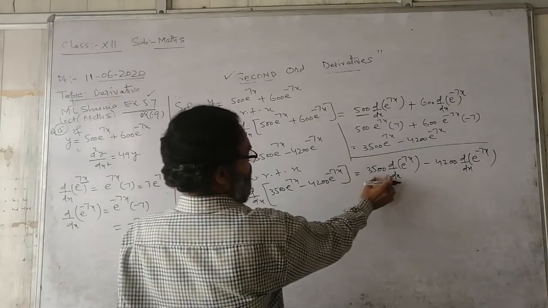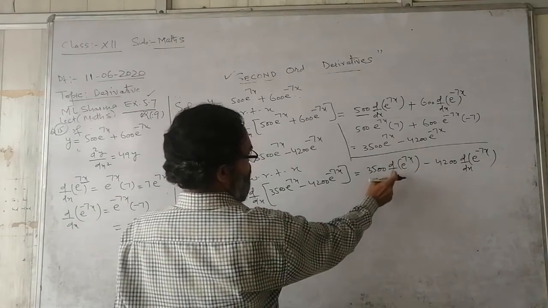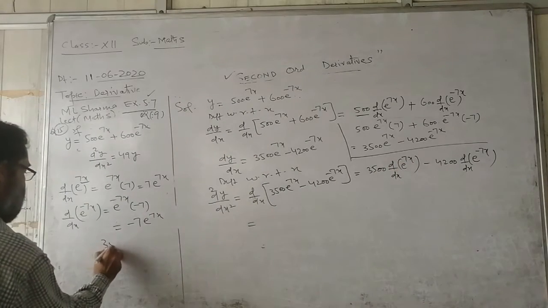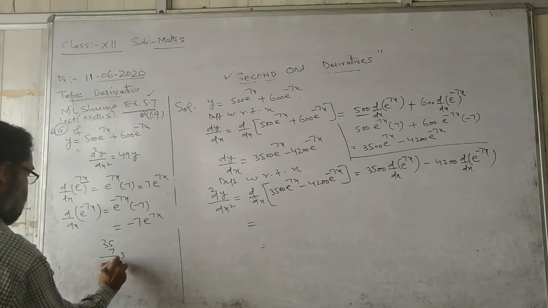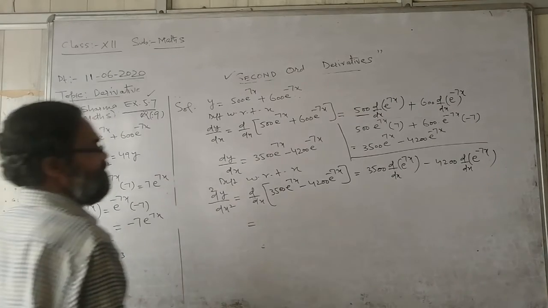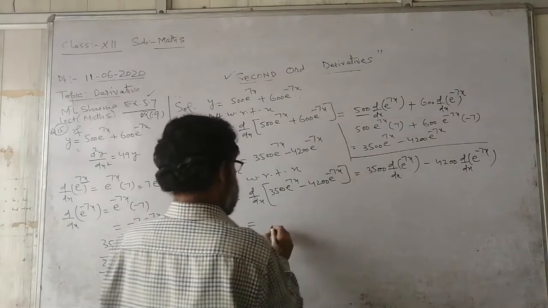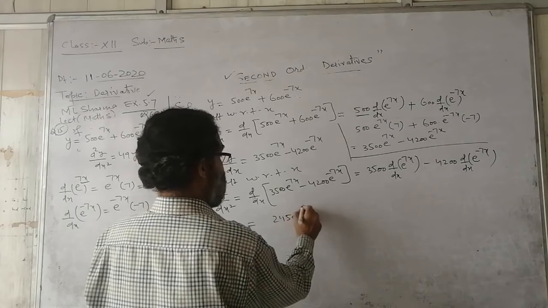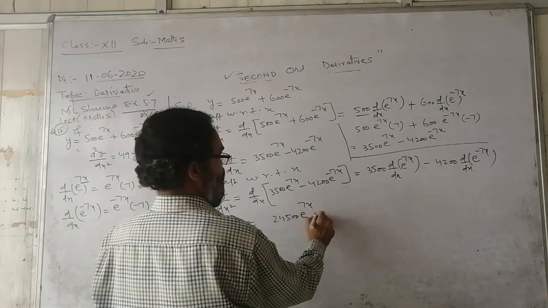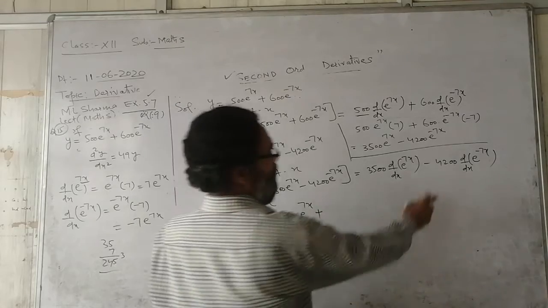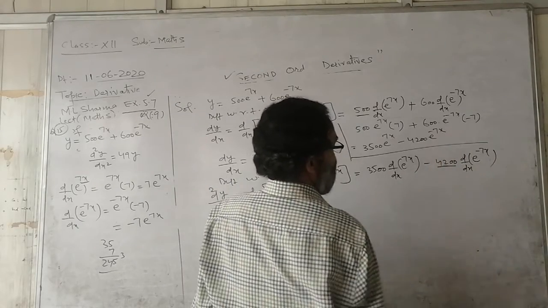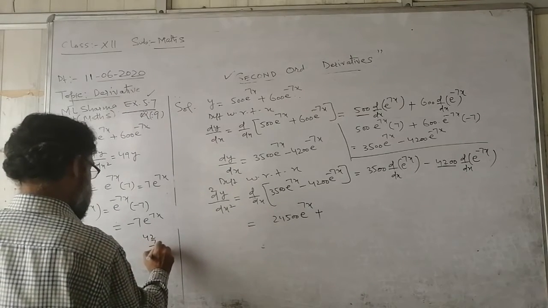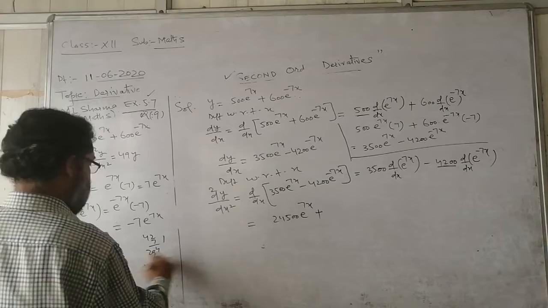So this will equal to, now 7 into 3500, this will be 24500 e raised to power 7x, and plus here 4200 into 7, 29400.